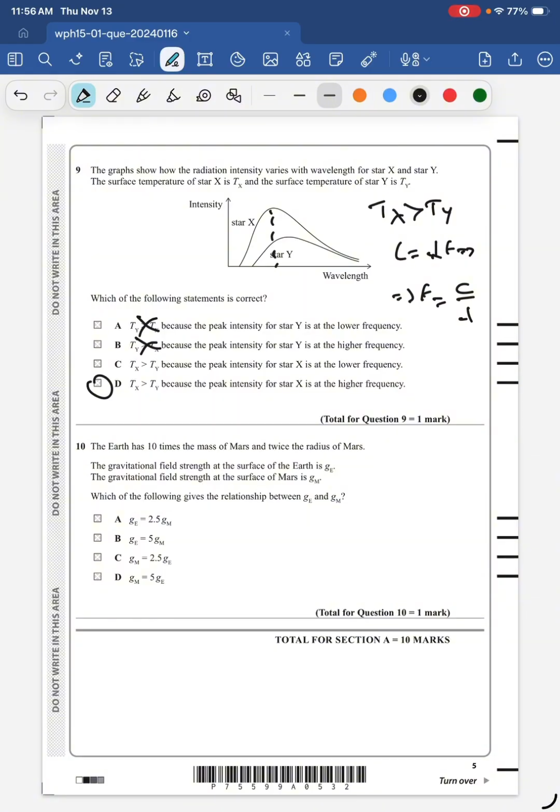Okay, so let me see how to do this. So Ge for the Earth is G times the mass of the Earth over R squared.